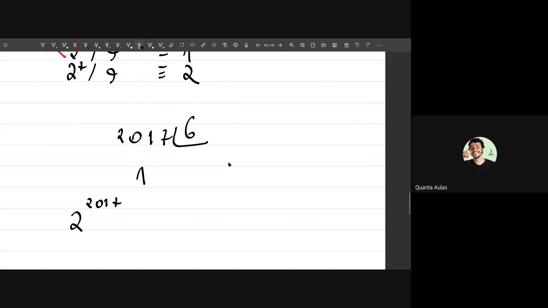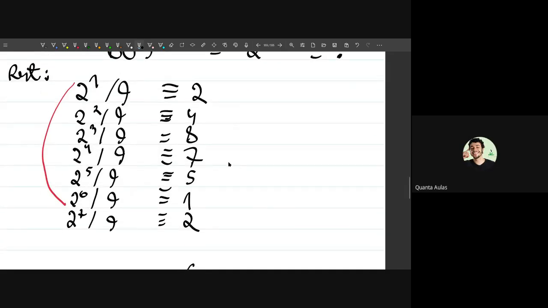So we have the same thing. In other words, doing this is the same thing as doing this, because we have the pattern. Doing this for the remainder is the same as doing this for the remainder.